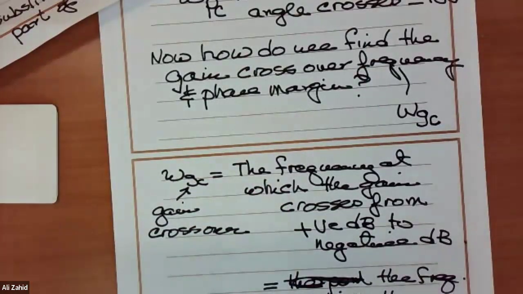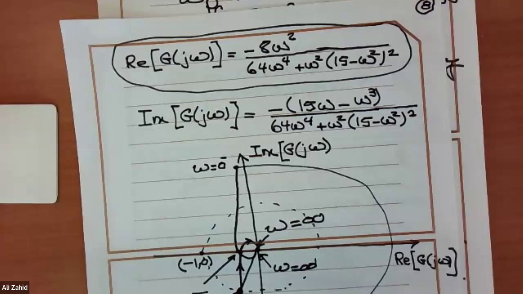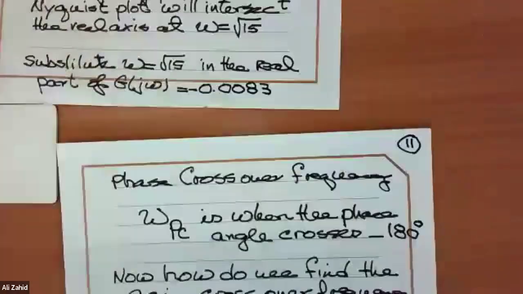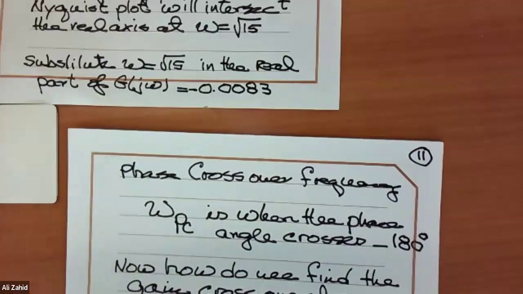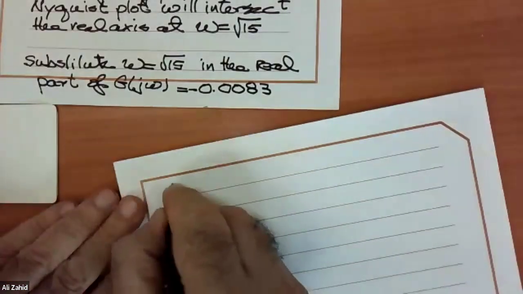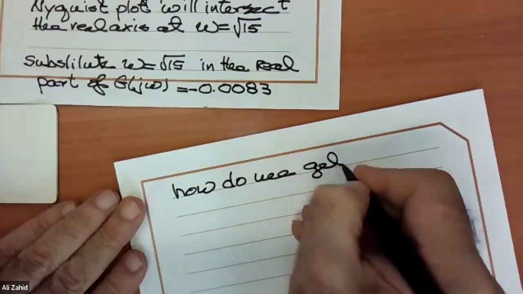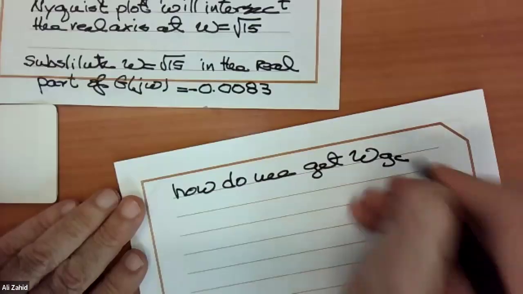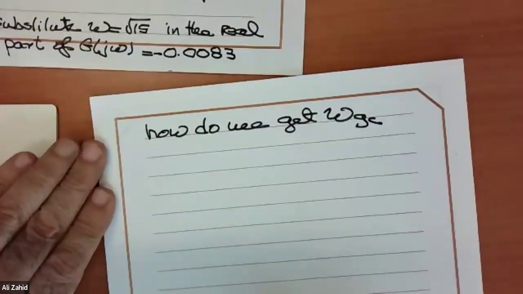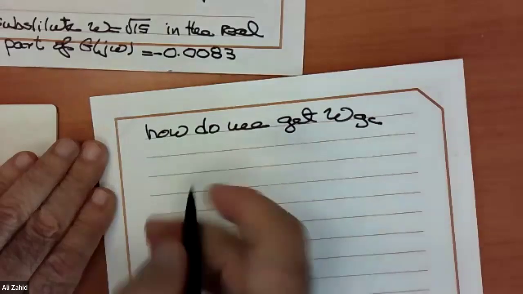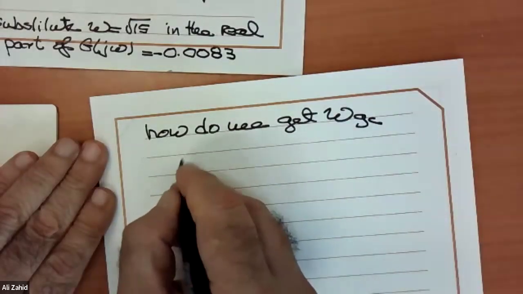How do I get this frequency? You should create the function for the magnitude. So, in other words, get the magnitude. How do we get omega GC, the gain crossover frequency? What do you do?